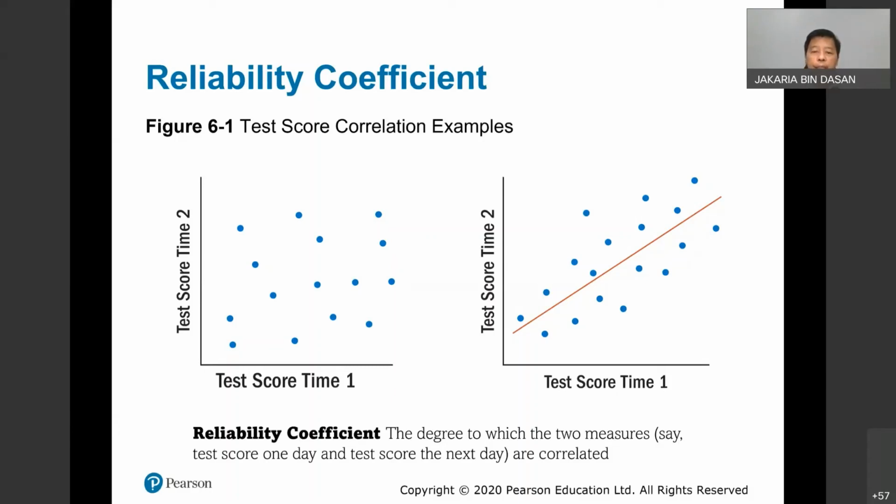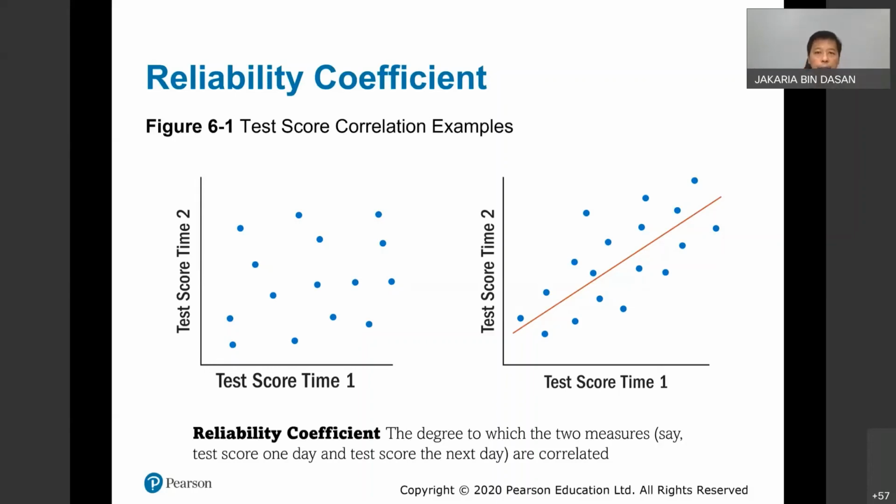So when we have a good testing tool, the scoring should look like the right one. If the scoring looks like the right one, which has the highest reliability coefficient, we meet the target of finding the right group of candidates to work in our organization.